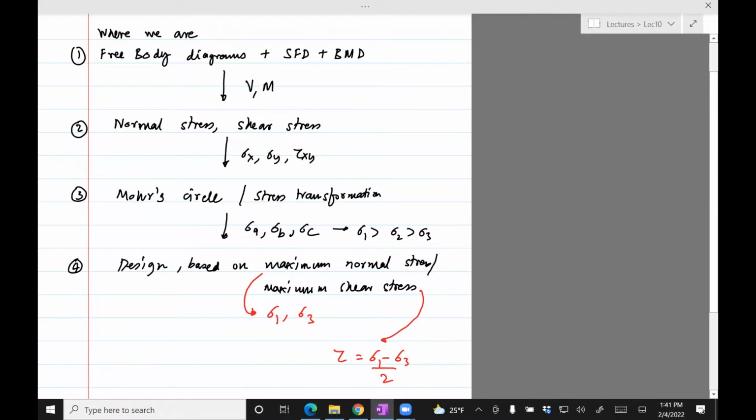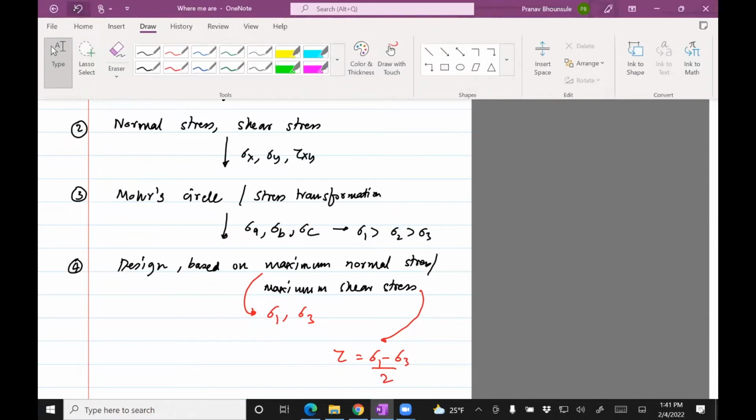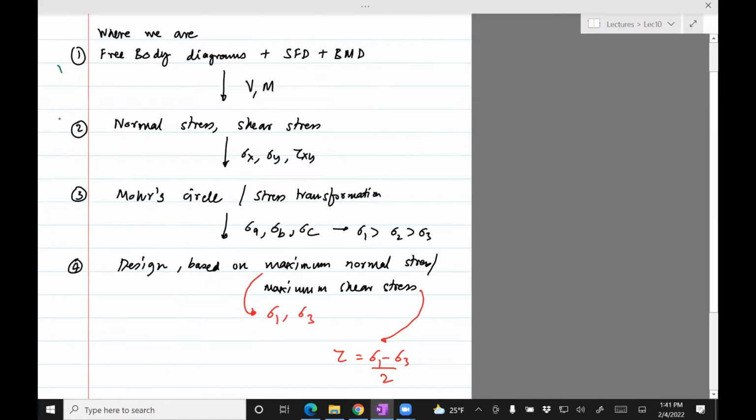Okay, so we have so far done this part. We've also seen Mohr's circle.